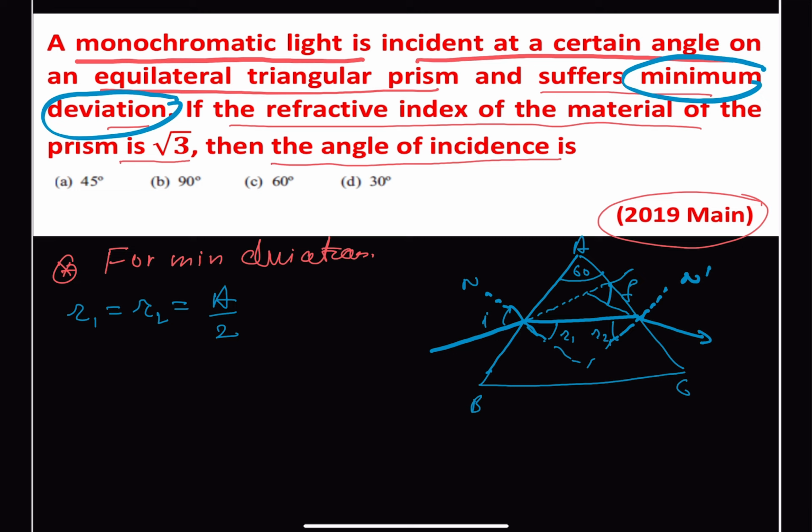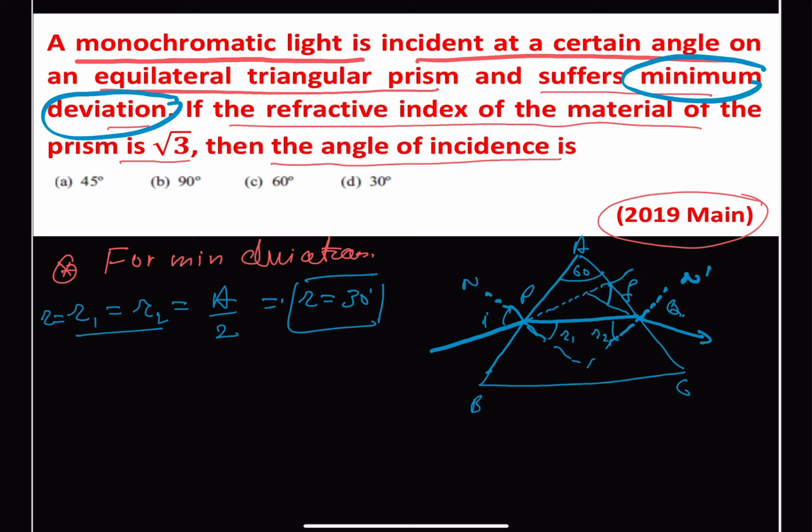Let us suppose we call this R. Therefore, we can say that R will be equal to 30 degrees. Now we can use Snell's law. Let us suppose we call this point P and this point Q.